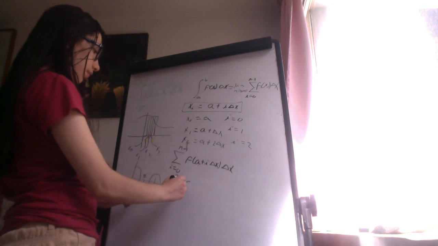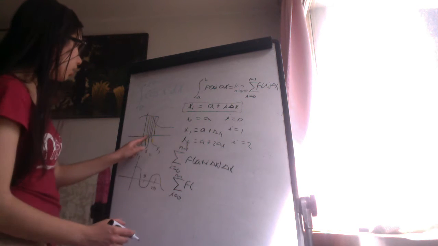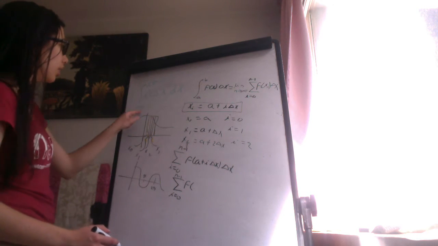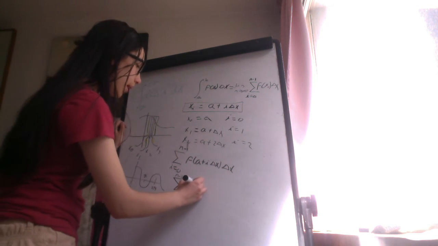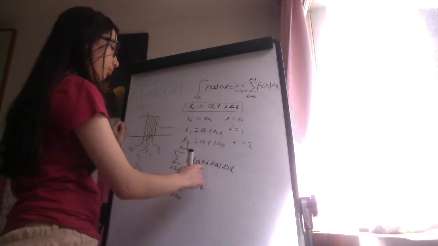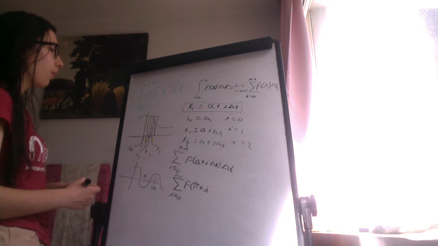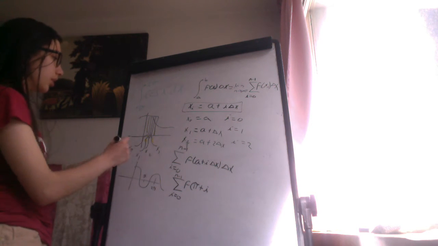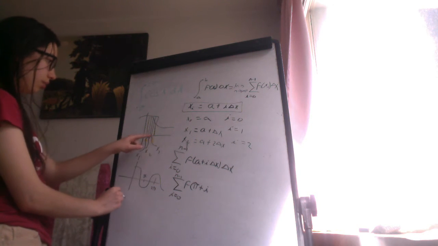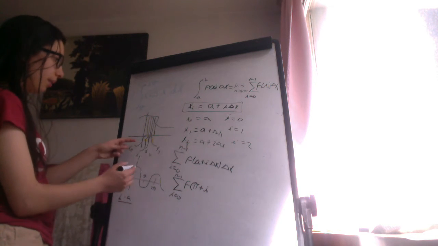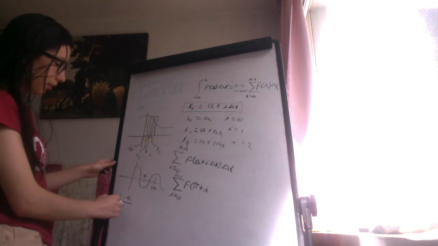So f of, what's a? Where are we beginning? Our a is pi, plus i. Now, what's delta x? Delta x is the width of each rectangle. The width of each rectangle is b minus a divided by how many rectangles we have.